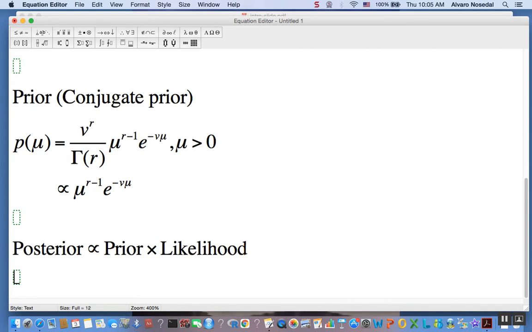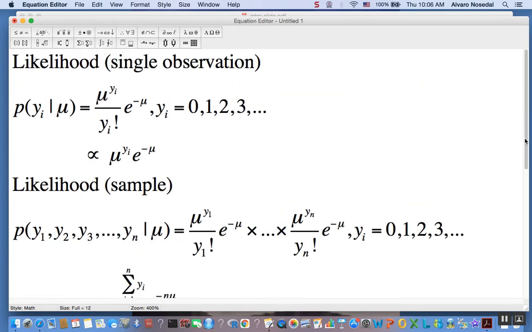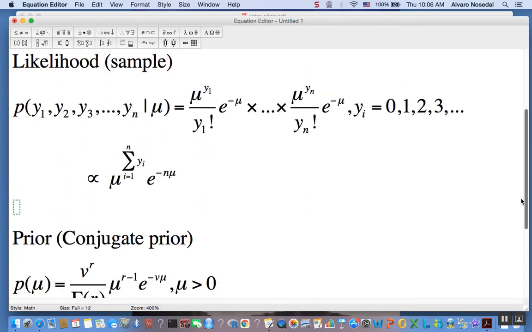In this case, we're going to have that prior times that likelihood we had here, the one for the sample. Let's consider that one here.